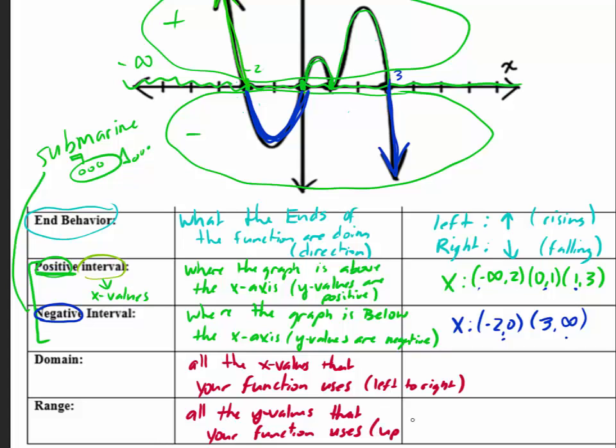And that is going to be down to up, not up to down. So what we do for these, since we're interested in x values, we put in x. And then for the range, since we're interested in y values, we put a y. This is the only one that is not x in front. All the others are interested in x. The range is interested in y. It's kind of the odd man out.